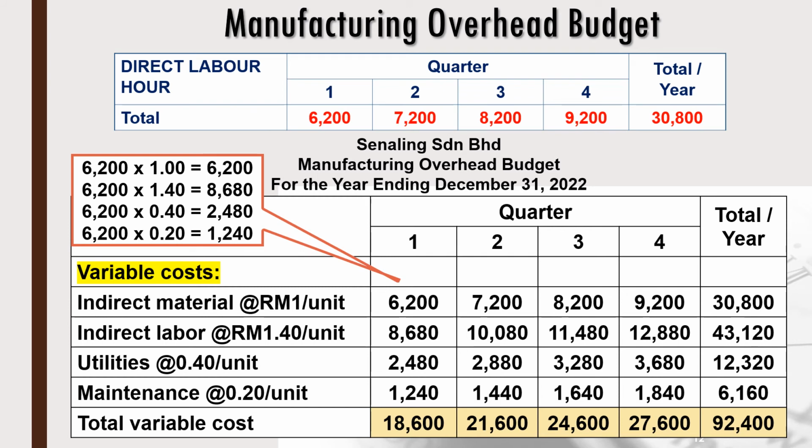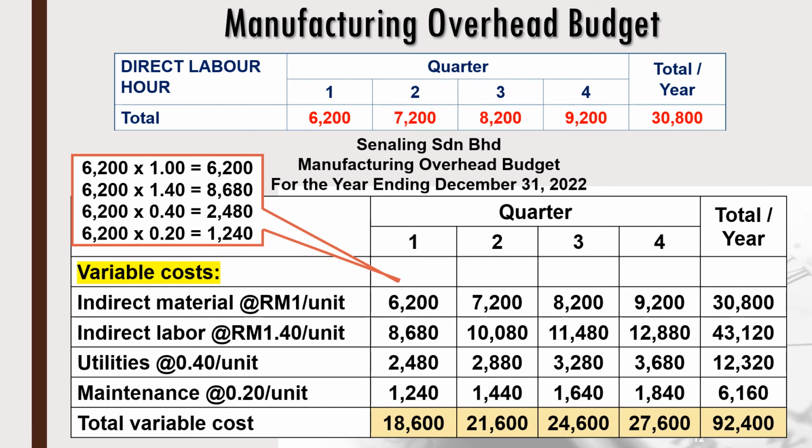For total indirect material equals 30,800. For total indirect labor equals 43,120. For total utilities equals 12,320. For maintenance, total equals 6,160.